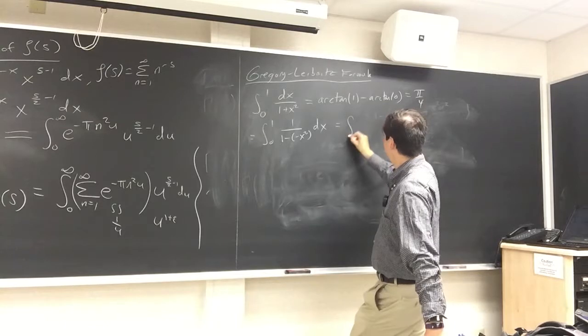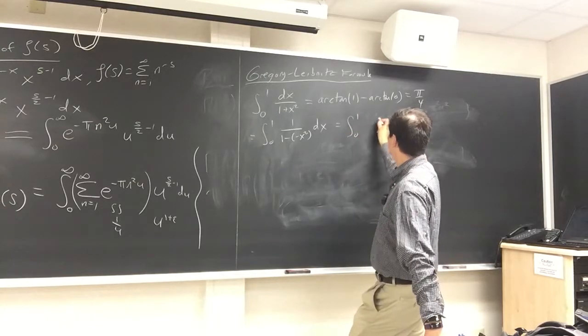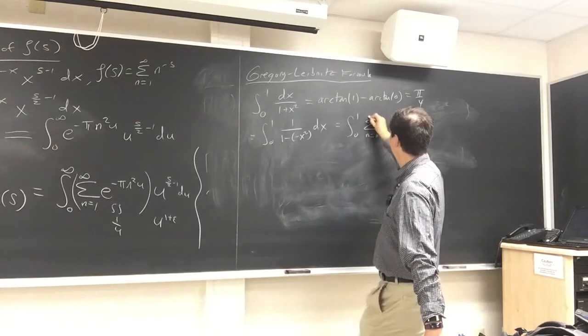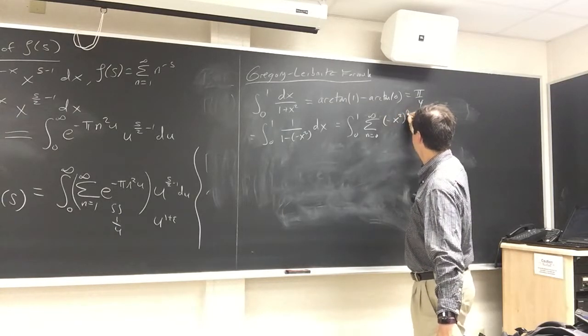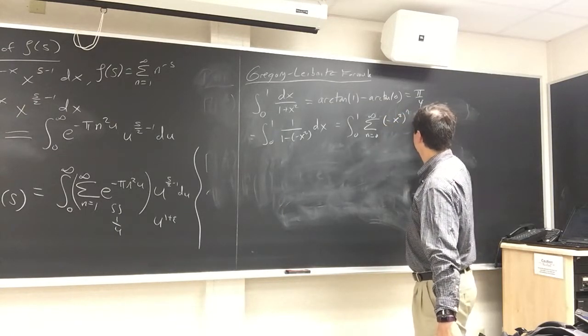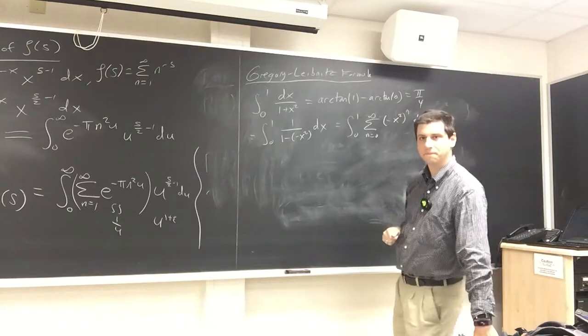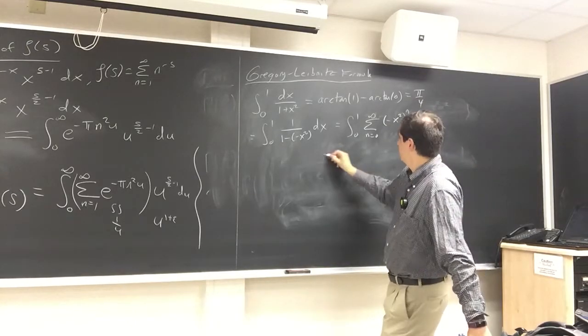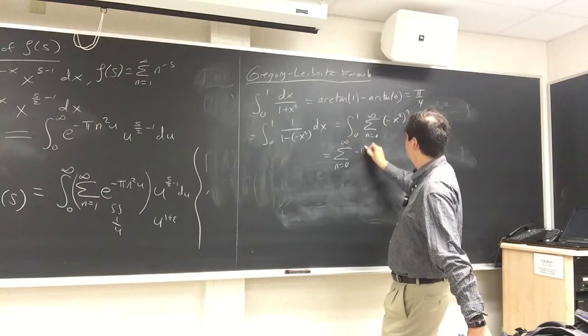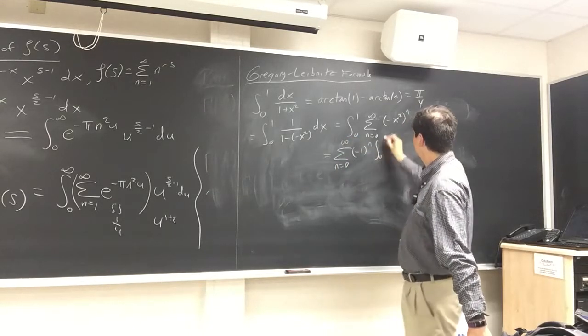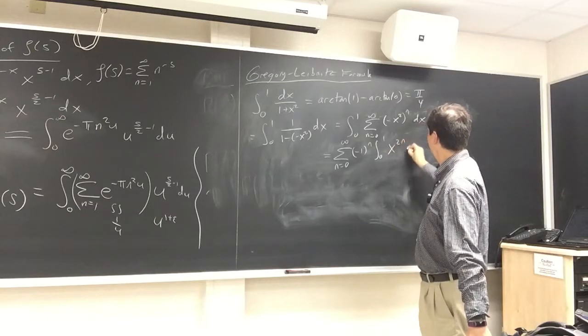This is equal to the integral from 0 to 1 of the sum from n equals 0 to infinity of negative x squared to the n dx. This is the sum from 0 to infinity of negative 1 to the n, integral from 0 to 1 of x to the 2n dx.